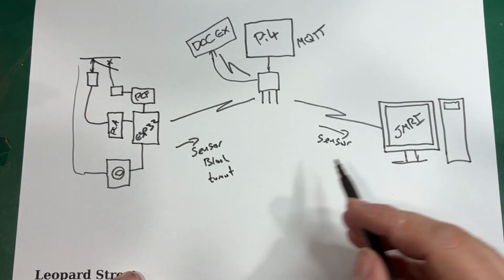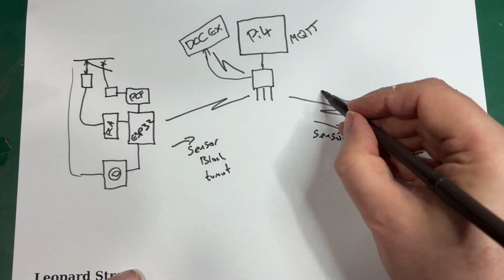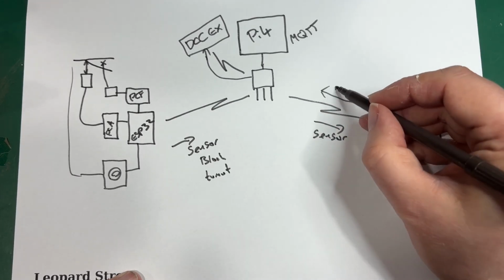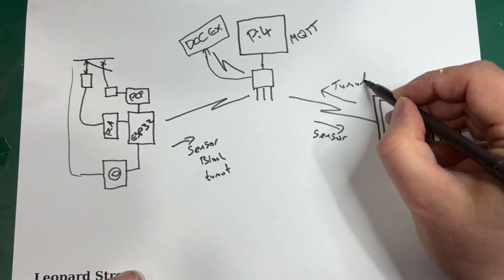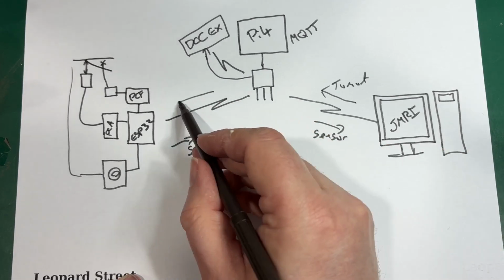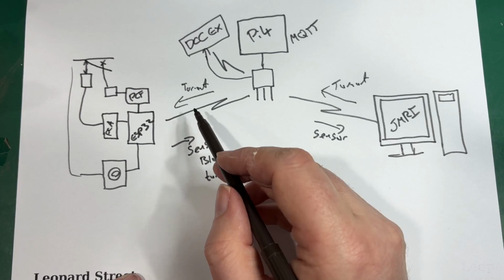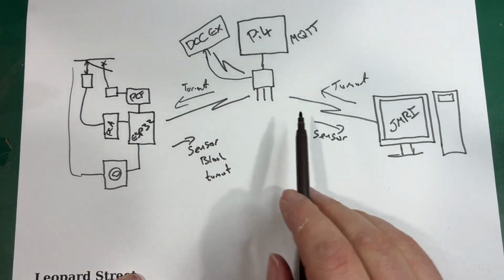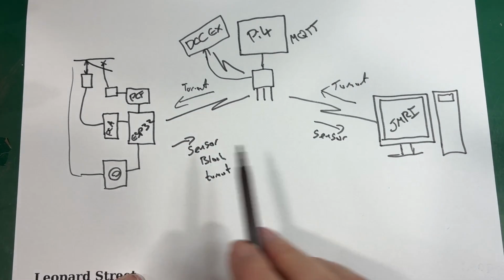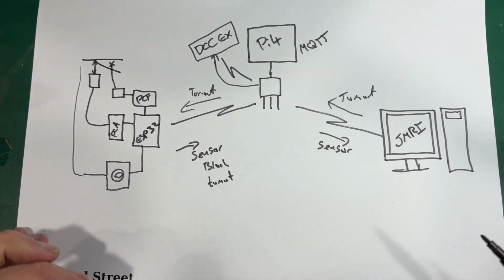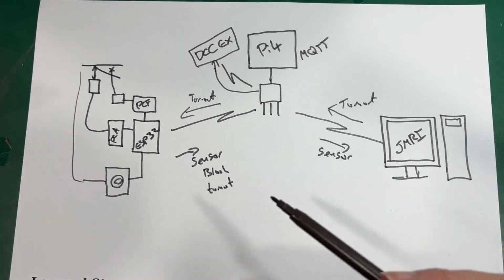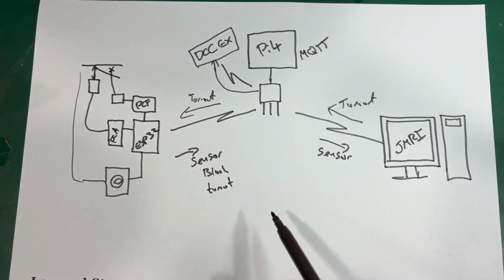They go that way. Going this way, we have instructions for the turnouts, which come back that way. That tells the servos what to do. We also send instructions by exactly the same system for turning lights on and off. So eventually color light signals and stuff will be controlled this way.